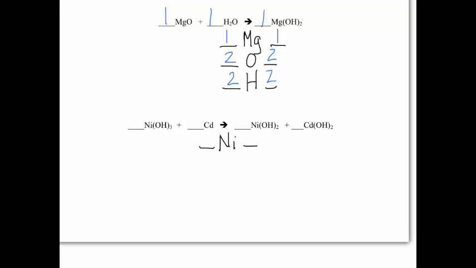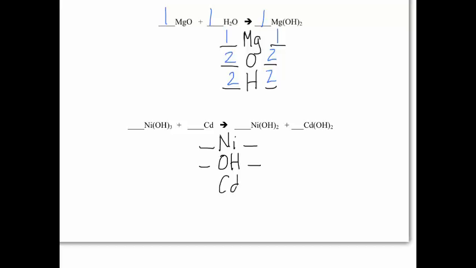I mean, in a sense, OHs have been split up, but the O and the H haven't been split from each other. So on both sides of my reaction, my OH has stayed a polyatomic ion. So I'm going to actually list OH as one thing. You don't have to do it this way, but it might make it easier.